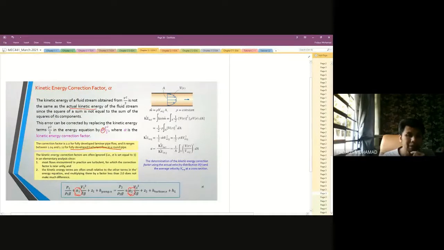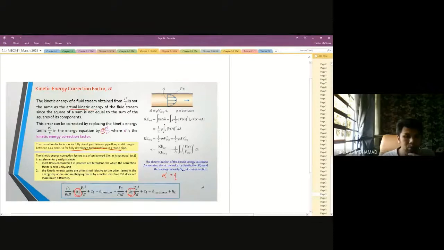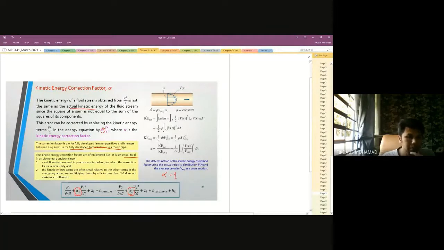Kalau dia tak bagi, maknanya you kena letak dalam assumption alpha equal to 1. Okay, so the kinetic energy correction factor is often ignored ataupun set equal to 1 in an elementary analysis, since most flows encountered in practice are turbulent, for which the correction factor is near unity.